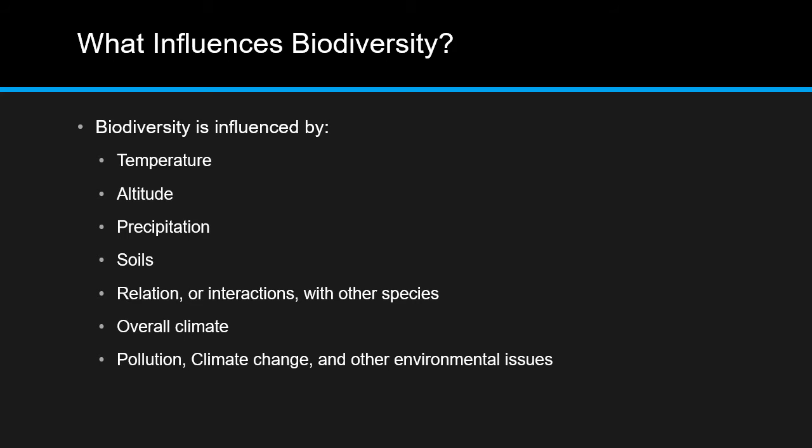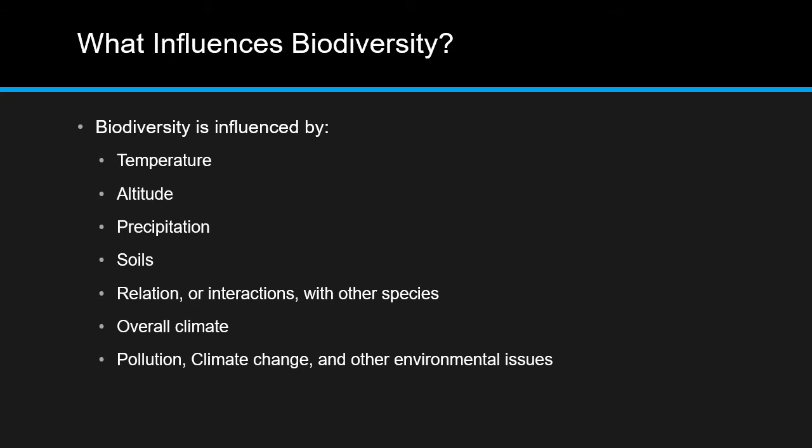Soils can have a big effect on biodiversity too. There are many types of soils. Some soils, like in most of Texas, are full of clay. Some soils on the coasts have lots of sand. Some soils are nutrient rich, some are nutrient poor, some are a mix of a lot of different materials and compounds.